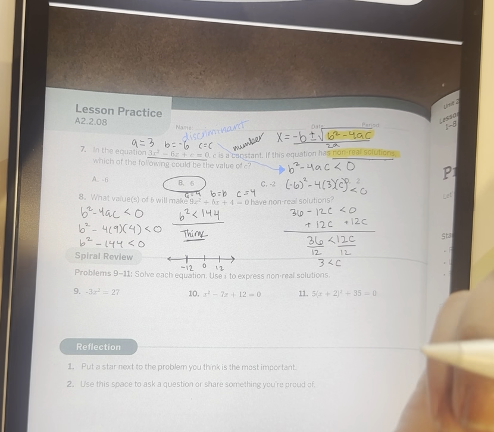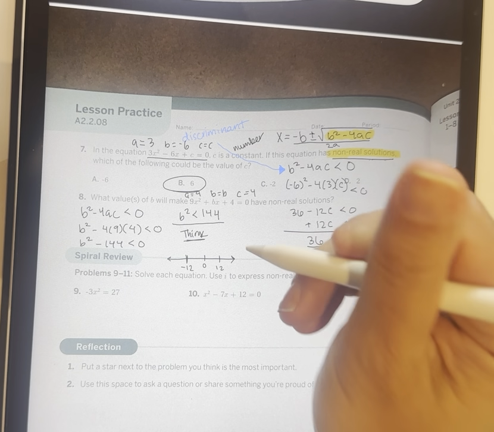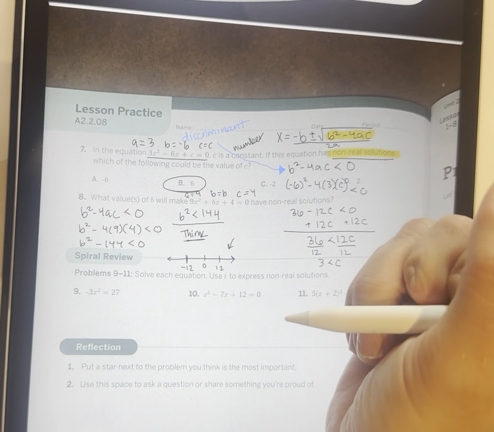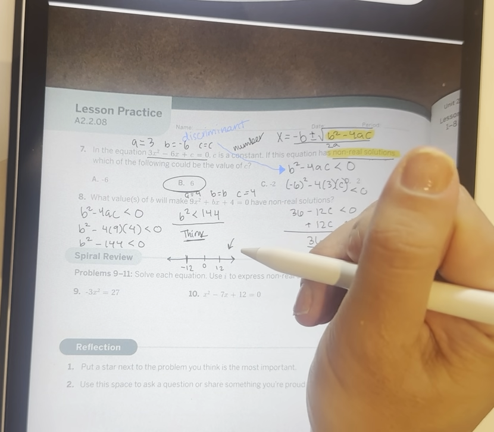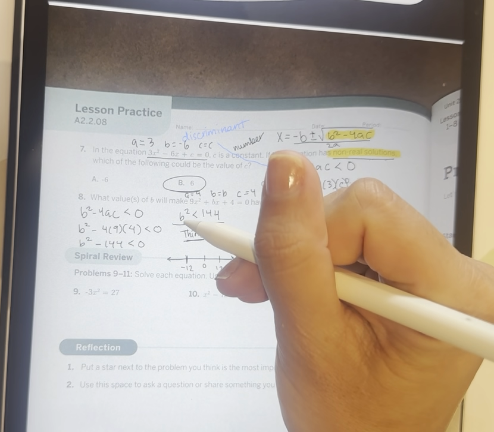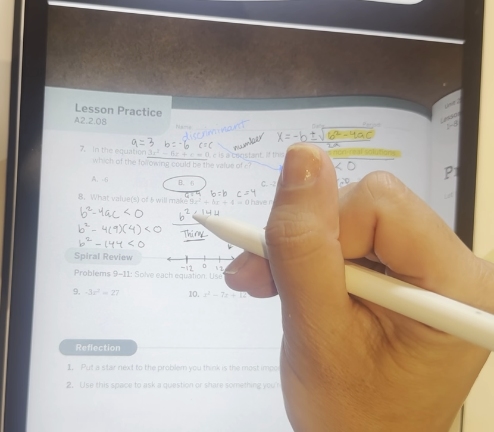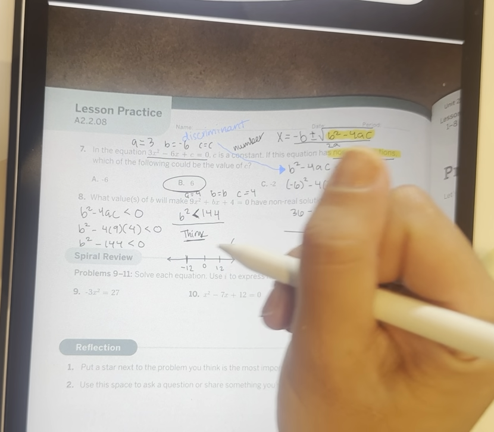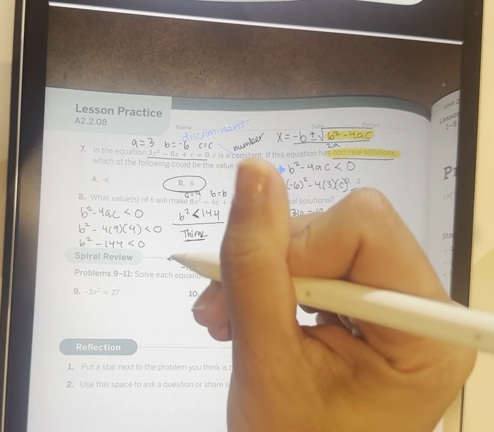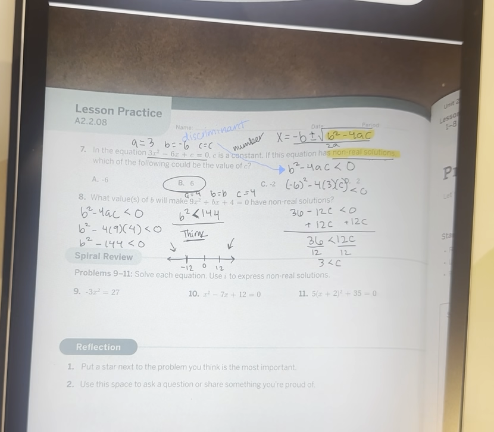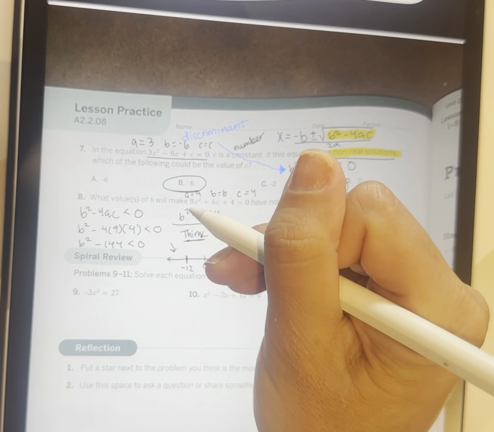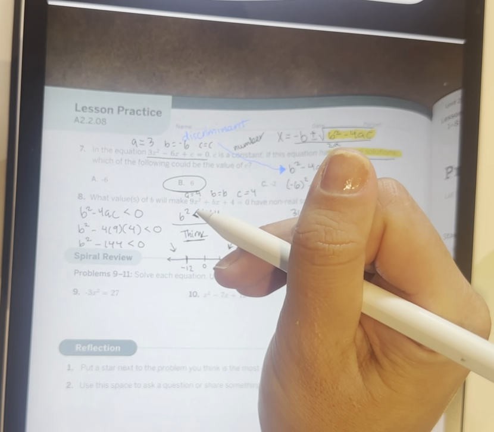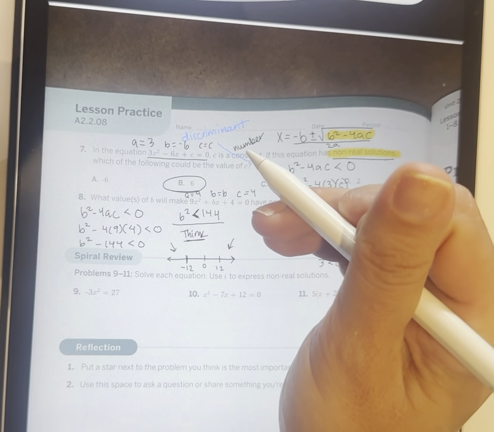Okay, if I pick a number bigger than 12, that's not going to be good. That's going to be something bigger than 144, and I want it to be less than 144. But also, I can't just say, okay, everything less than 12, because if I pick something smaller than negative 12, like negative 100, and plug it in and square it, it becomes positive 10,000.